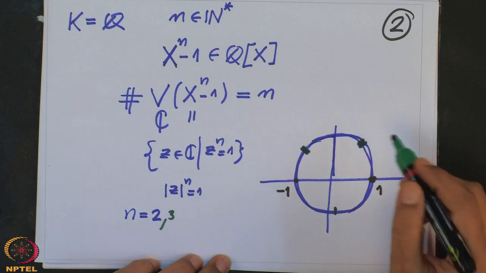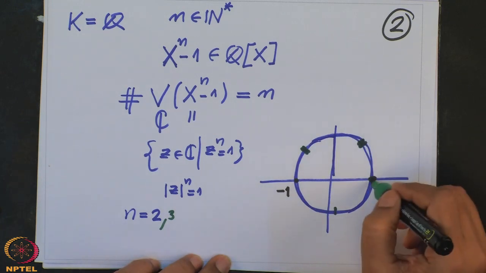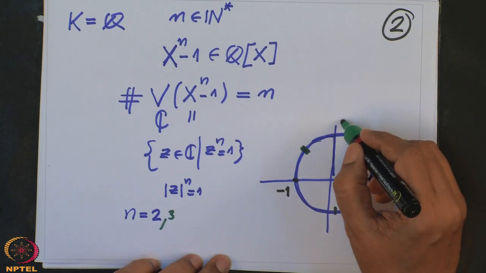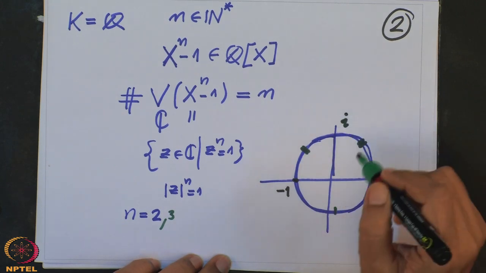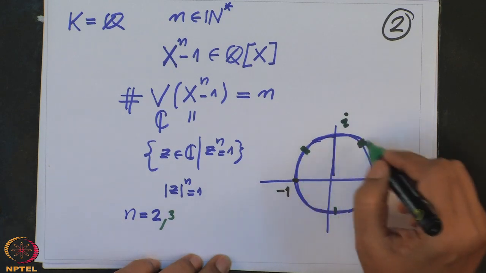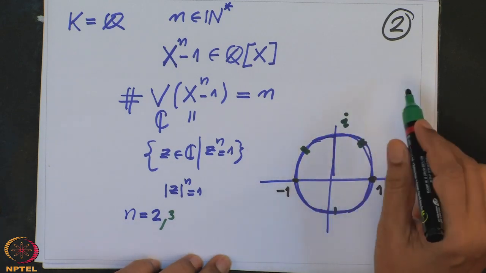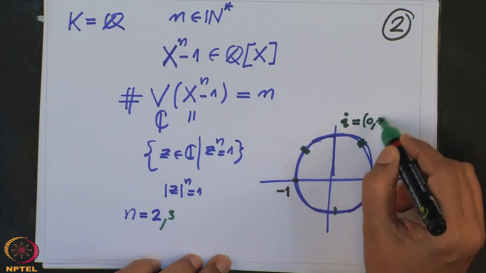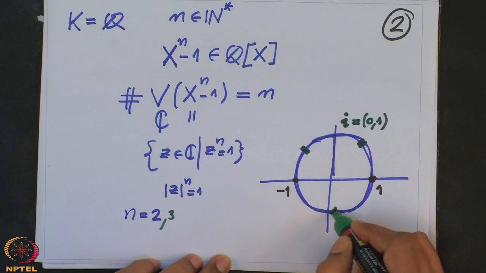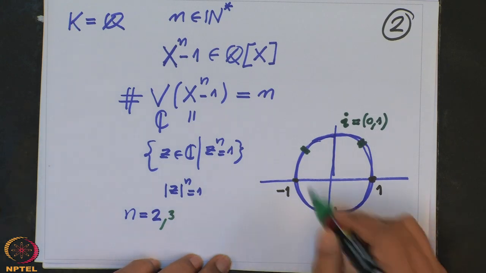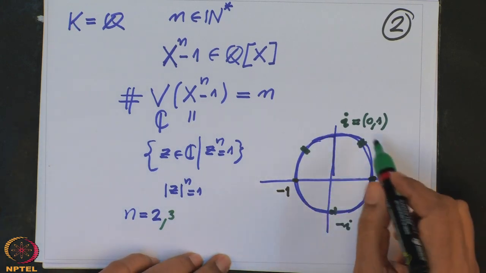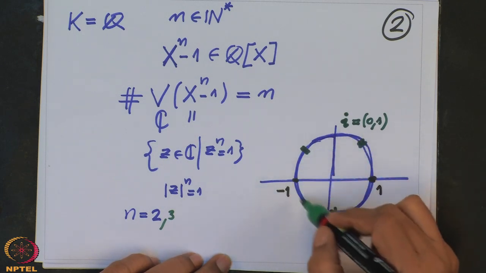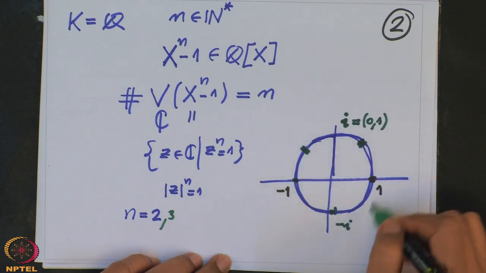For 4, it is 1 and minus 1 obviously, and now I should write i, because that is the identification of these points on the real plane with the complex number. This i is actually (0, 1), and then the other one is minus i, and so on.